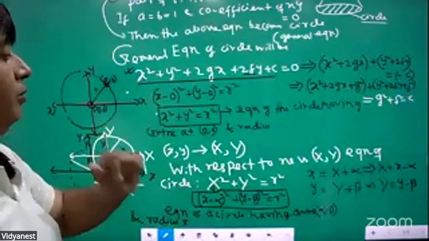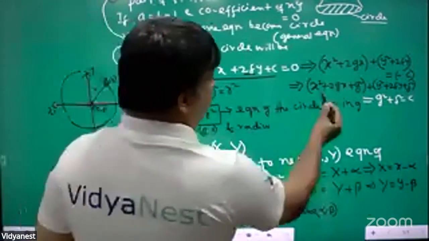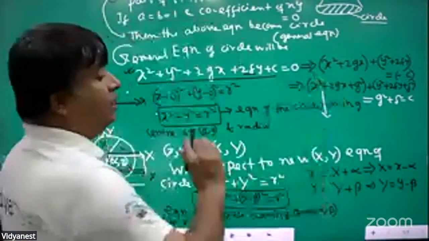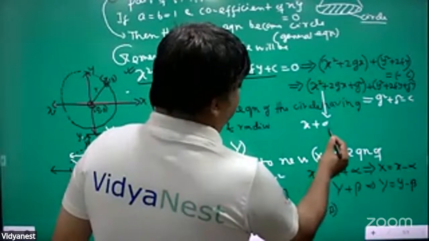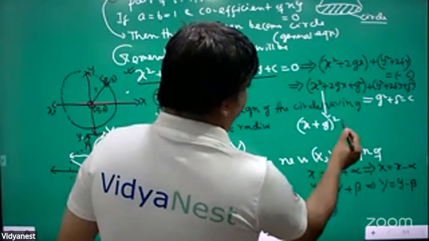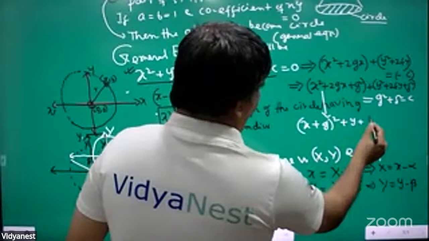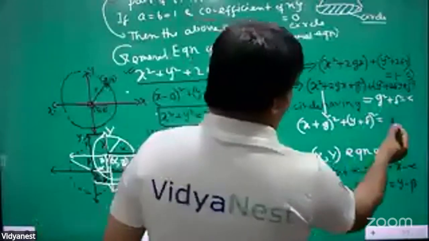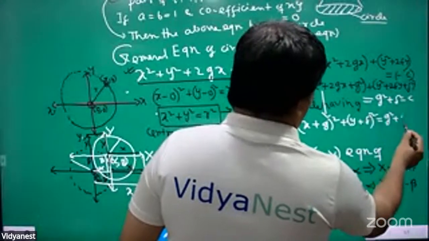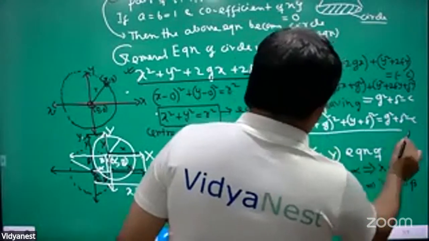Hope you could follow. Now it is very junior level calculation. x plus g whole square plus y plus f whole square is equal to g square plus f square minus c. Okay? Okay, sir.